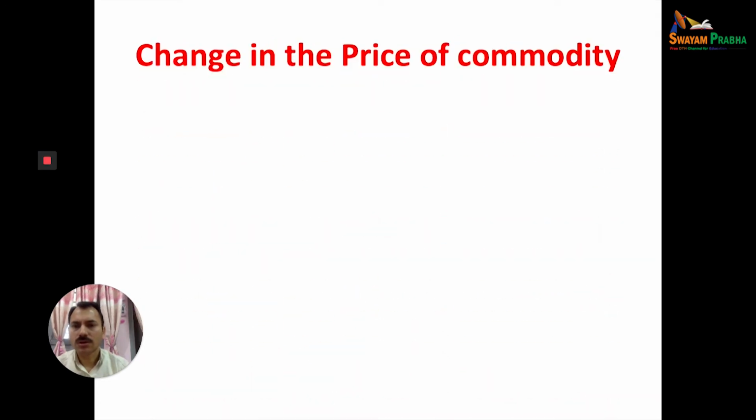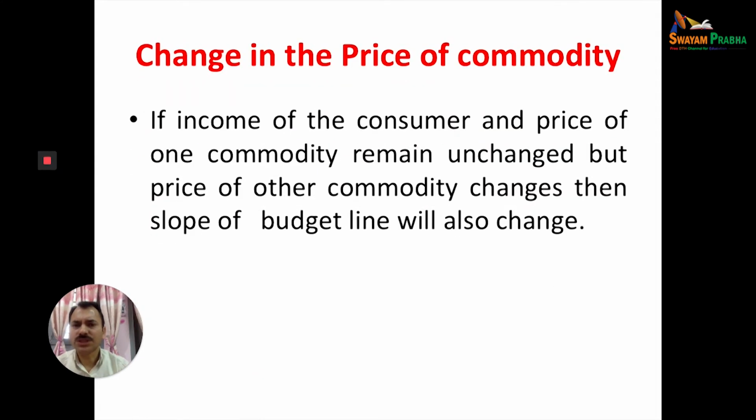Now, for example, change in the price of a commodity. There are two important factors we have discussed. One, change in income. Then what will happen to the slope of the budget line?